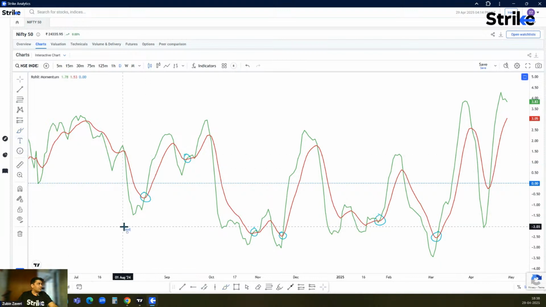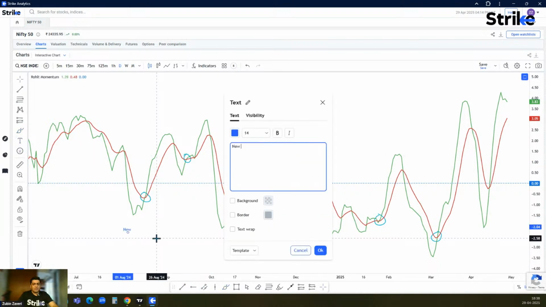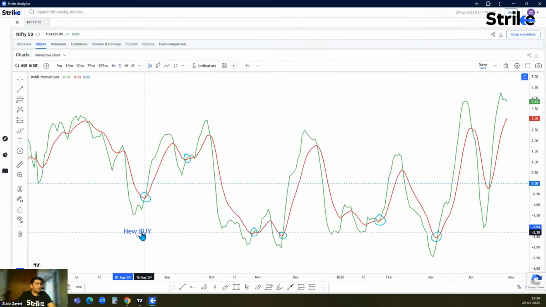All right, so over here a new buy signal gets generated, and once a new buy signal gets generated, whenever the green line, the RMI line, is above the red line, its signal line, that means it is in a buy mode.